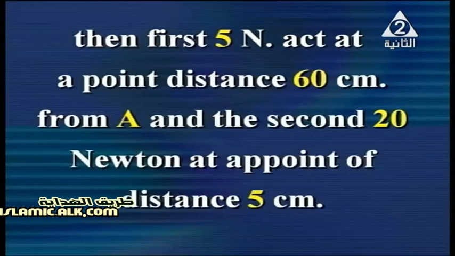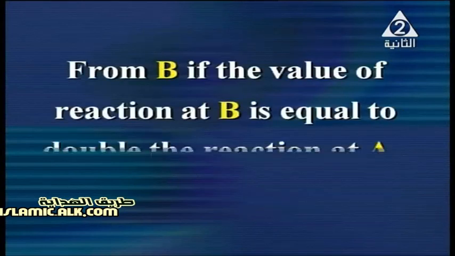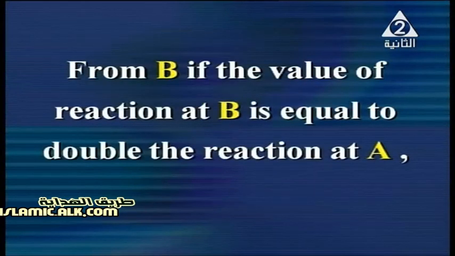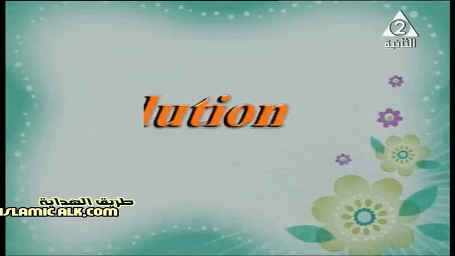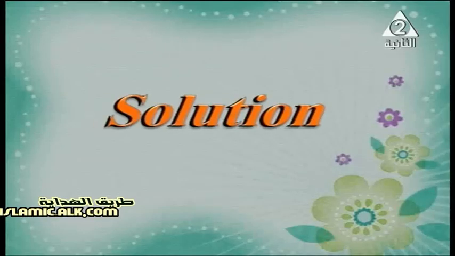The first, 5 Newton, acts at a point distant 60 centimeters from A, and the second, 20 Newton, at a point distant 5 centimeters from point B. If the reaction at B is equal to double the reaction at A, find the weight of the rod and the values of the reactions at A and B. Dear student, look at the important solution.